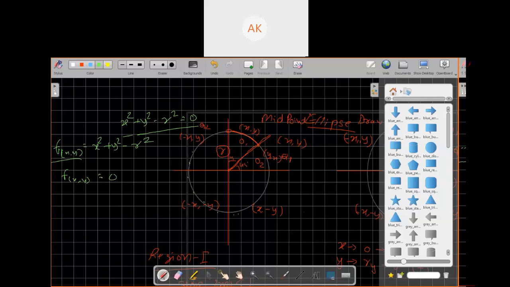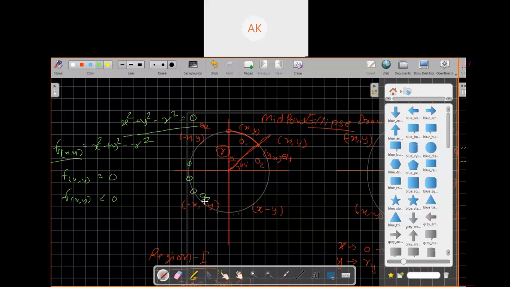If you are calculating a point and it is inside your circle, not on the circle, then the value of f(x, y) will be less than 0.